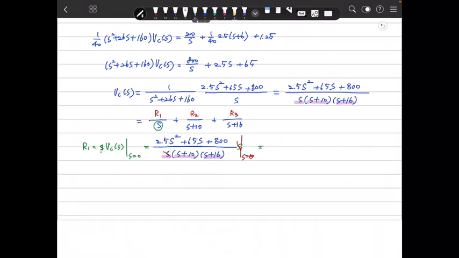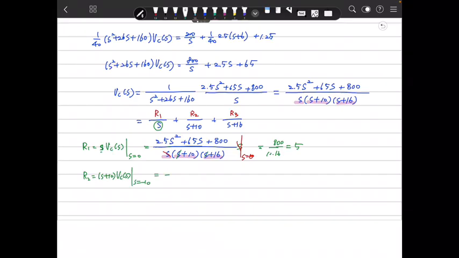So the result will be 0, 0. The result will be 800 over 10, 16. So it will be 5. In the same way, R2 will be s plus 10 times VCS, then adding s will be minus 10.